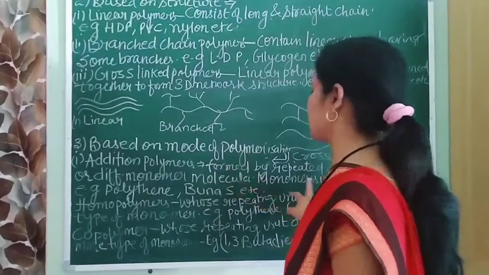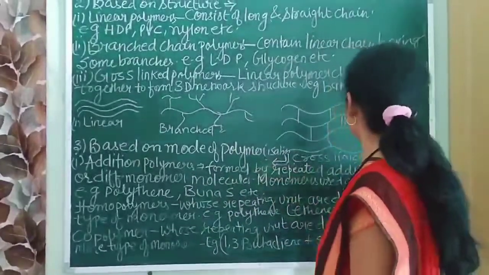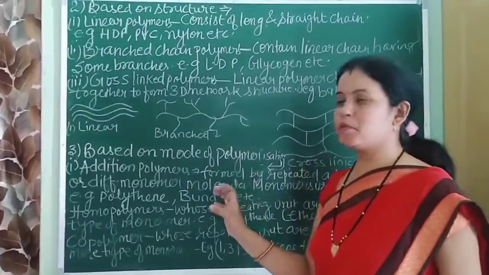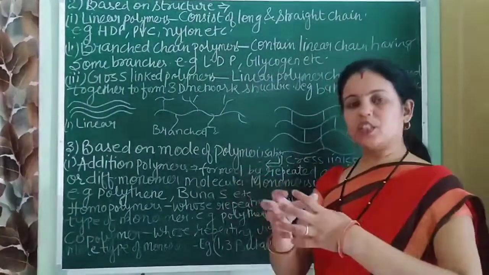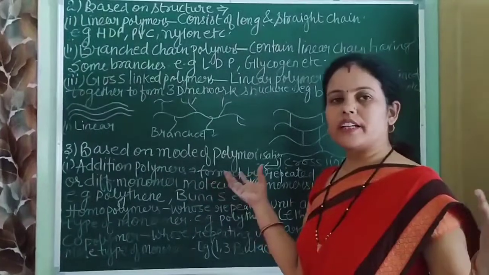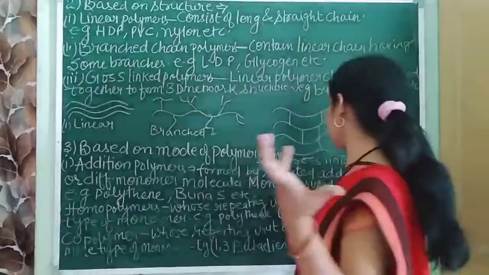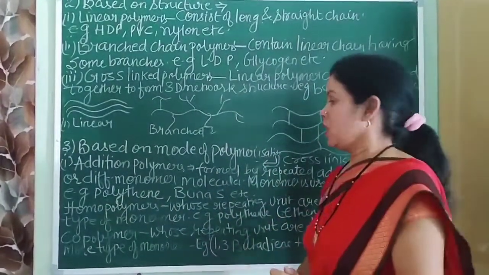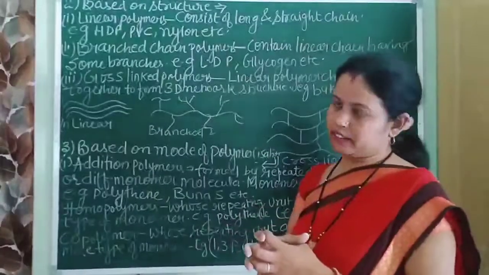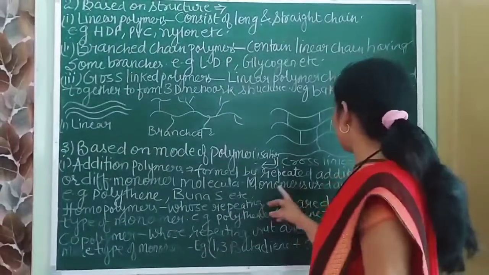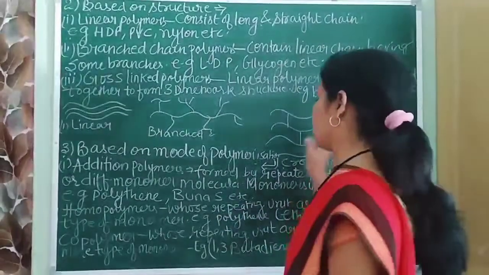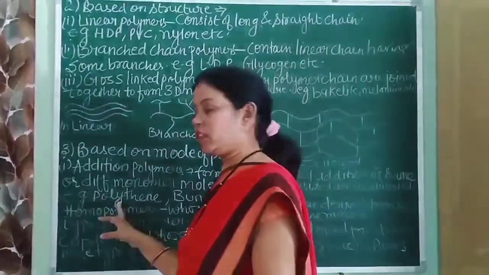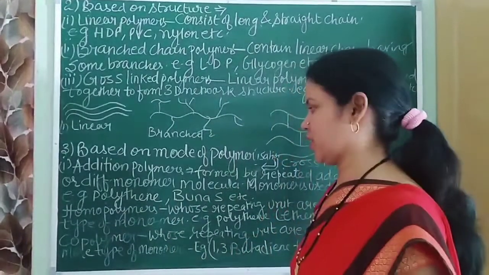Addition polymers are formed by repeating addition of the same or different monomer molecules. It means two or more monomers are joined together, simply addition takes place. The monomers used here are unsaturated compounds. For example, polythene, buna-S, etc.